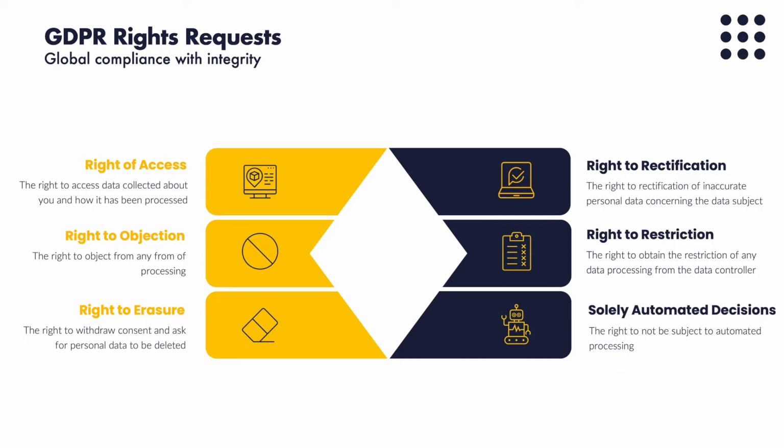I should point out, however, this isn't a limitless right, and there are only a variety of circumstances in which this right can be exercised by the data subject. These circumstances include scenarios such as when the organisation is relying on consent or legitimate interest, if the data is no longer necessary for the original purpose of collection, if the data is solely used for marketing purposes, or if the data is being processed unlawfully.